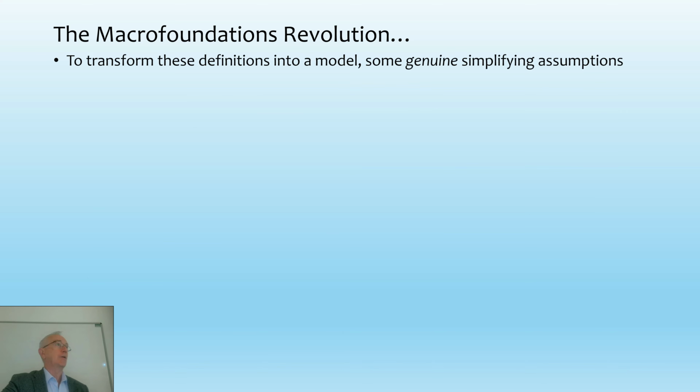And to make it into a model, you have to make some simplifying assumptions. But the simplifying assumptions I'm talking about actually are simplifying. When you look at what a neoclassical economist calls a simplifying assumption, I think there's a more correct term for it. It's normally a fantasy. So the simplifying assumption is representative agents.